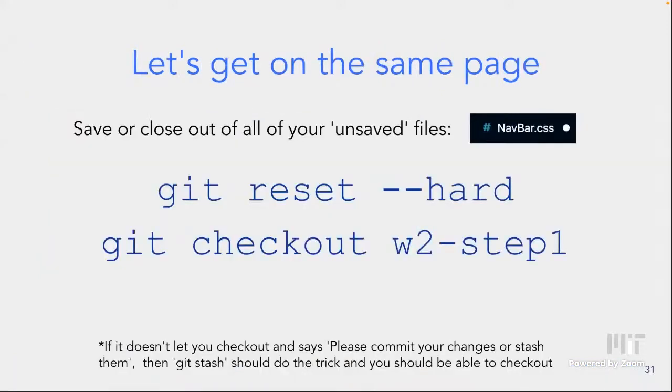Okay, so let's get on the same page. Don't worry if you're not done. What you should do is close out or save any of the unsaved files that have that little white dot next to them. And after you do that, git reset hard, git checkout w2-step1. If you encounter any troubles in this part, add yourself to the help queue.